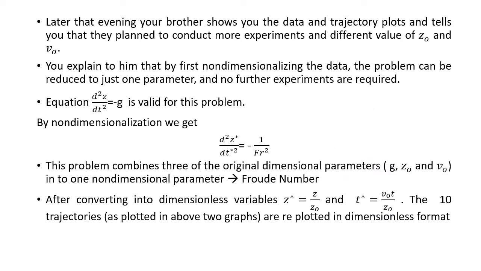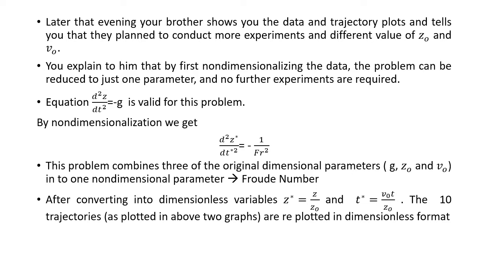Later in the same evening your brother shows you the data and trajectory plots and tells you that they plan to conduct more experiments at different values of Z0 and V0. You explain to him that by first non-dimensionalizing the data, the problem can be reduced to just one parameter and no further experiments are required.